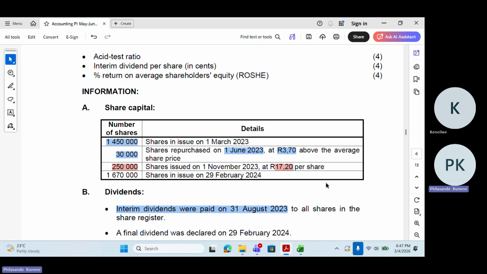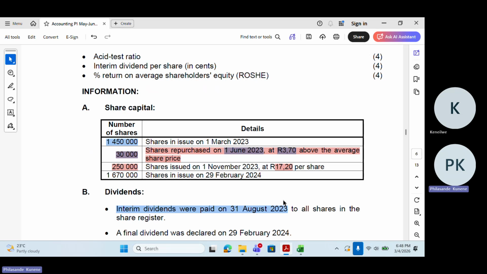And then shares repurchased. On the shares repurchased, how much am I going to have here? They said shares repurchased on 1 June 2023 at Rand 70 above the average share price. So what do I need to do now with this one? Work out the average share price.